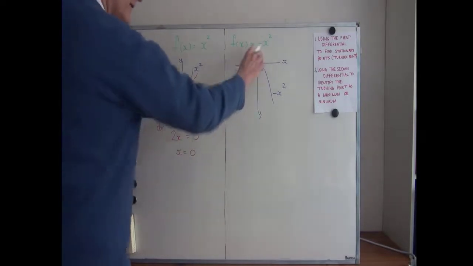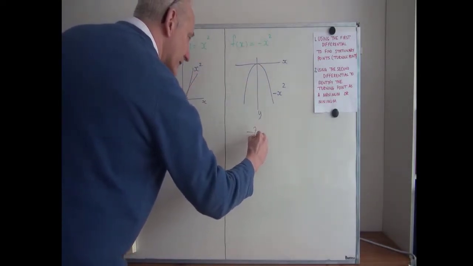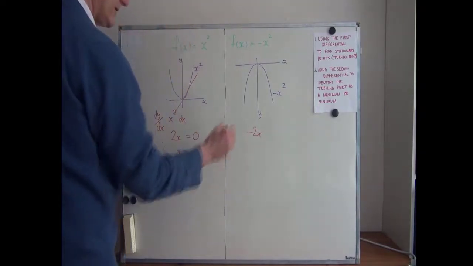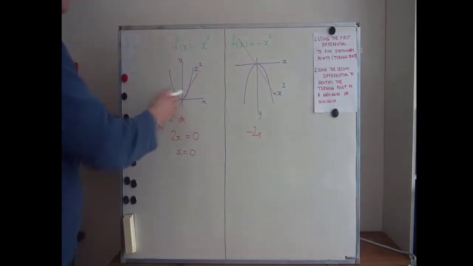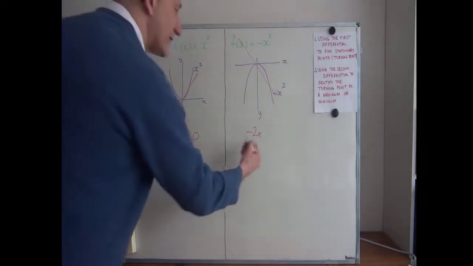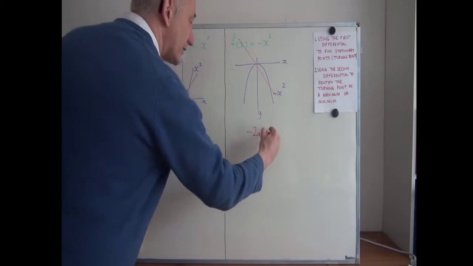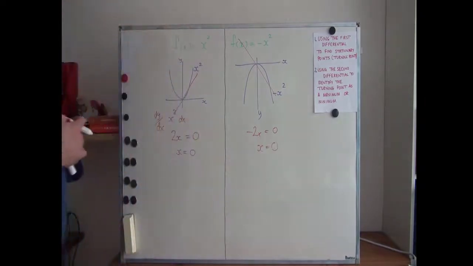For this function here, the differential dy by dx is equal to minus 2x. And it's the opposite looking line to the one over here. Once again, however, if we set that slope, that differential, equal to 0, we find that x is equal to 0.